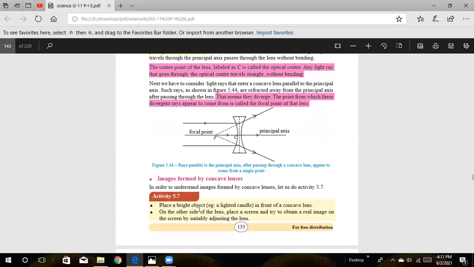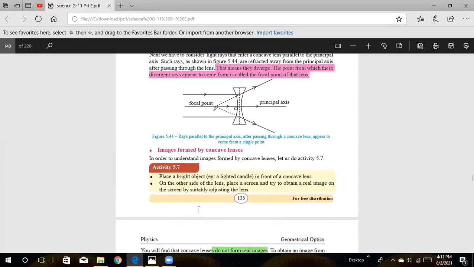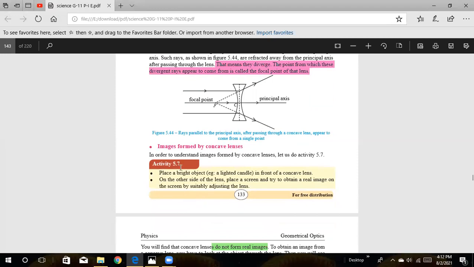Then we want to study images formed by concave lenses. We take a concave lens, a screen, and a lighted candle.